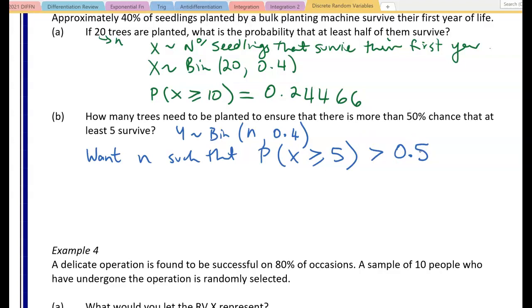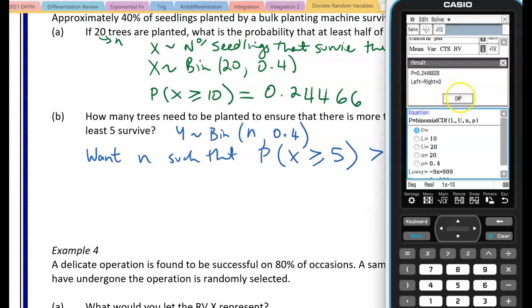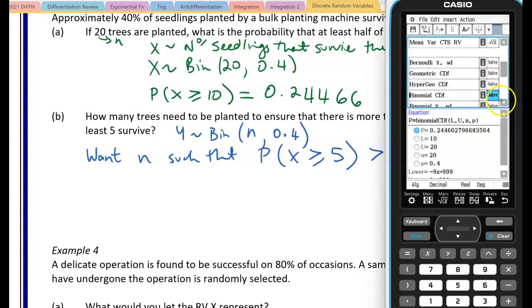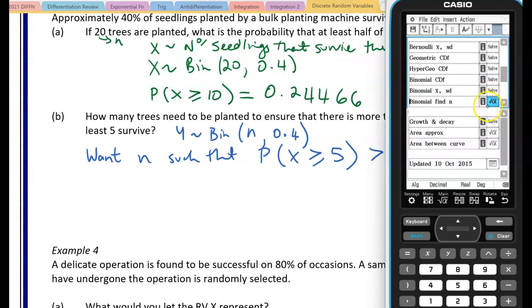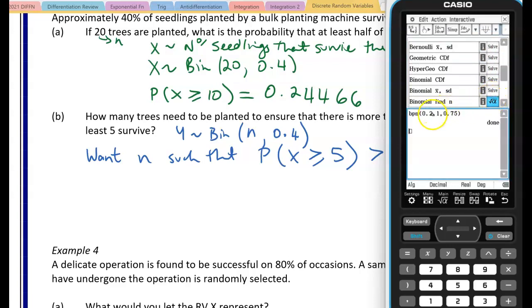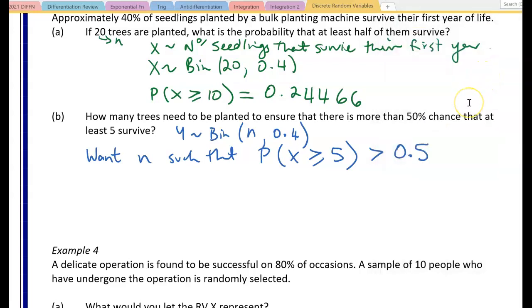So this is where you would use the binomial find n, or guess and check on your calculator. Either way, it doesn't matter. This time your probability of success, and my calculator's still not liking me at the moment.